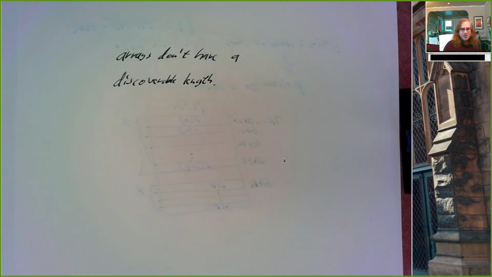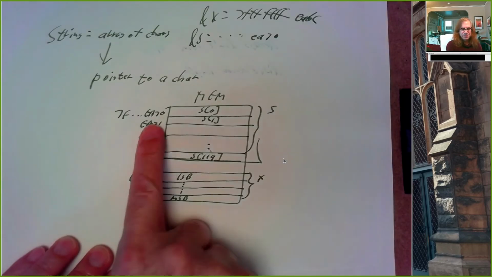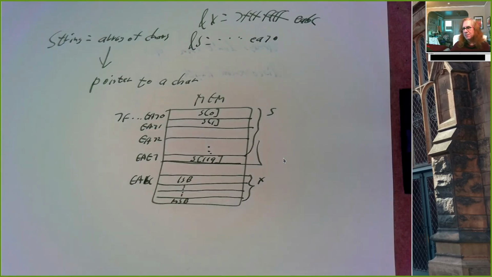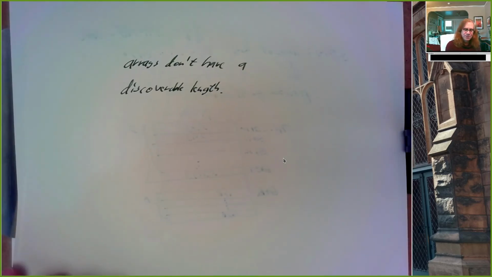Because what is an array? It's just a memory address. It's the address of the first element in the array. So when you hand someone an array, all you're doing is handing them a location in memory and saying, yep, there's an array stored there. Well, how many things are in the array? Who knows? It's not part of the language.